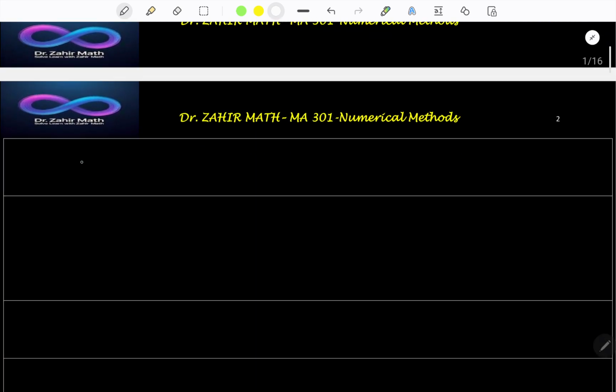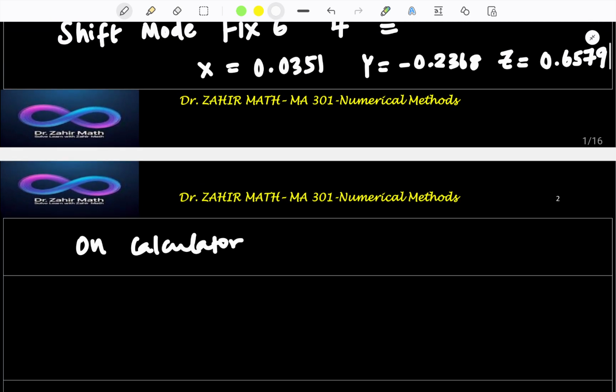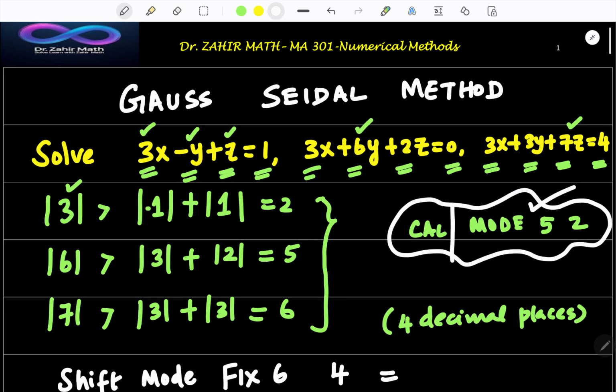So what we need to do on the calculator is type the formula. What is the formula? Before that, make sure you write the equations in terms of x, y, z. Before going to the calculator, write x equals, y equals and z equals. How am I going to write x equals? Look here. 1, this goes that side, y, z goes that side. When I want x, it should be divided by 3.